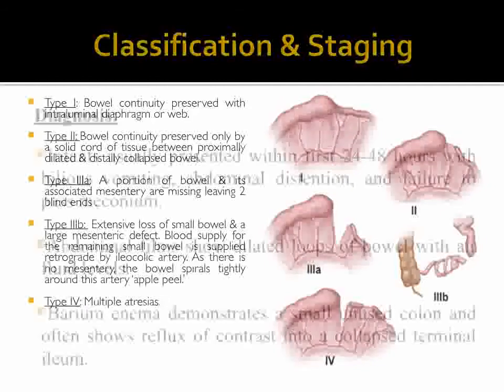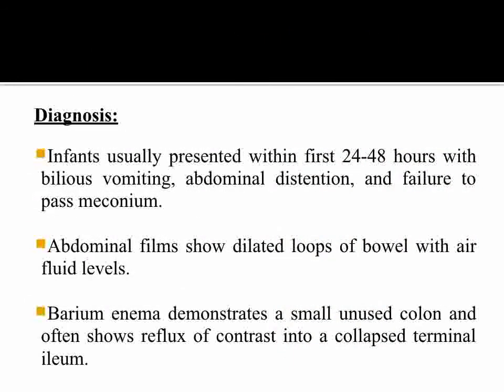Okay. Jejunal atresia can be diagnosed as any case of intestinal obstruction. This baby usually presents within the first 1 or 2 days with bilious vomiting, abdominal distension, and failure to pass meconium. If we do a plain X-ray, it will show dilated bowel loops with air and fluid levels.